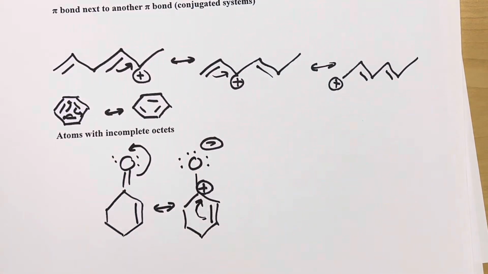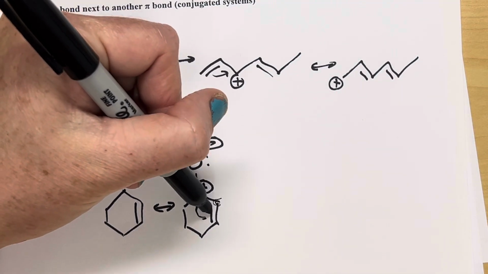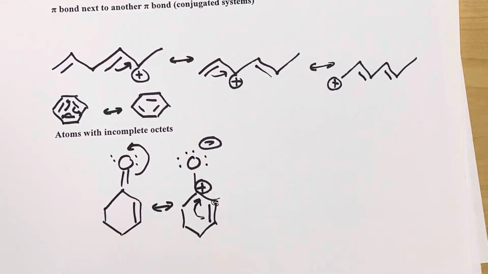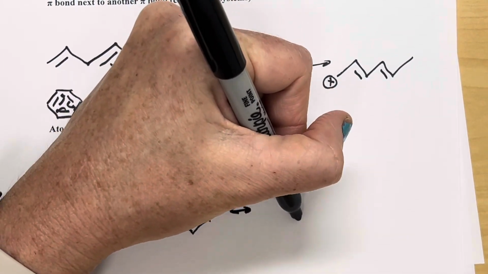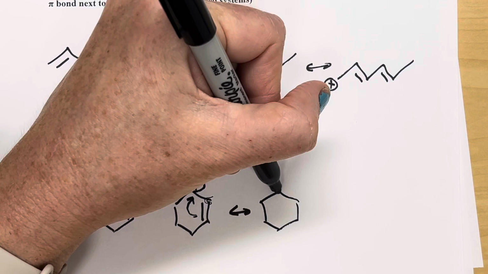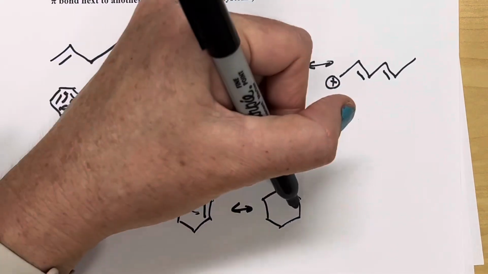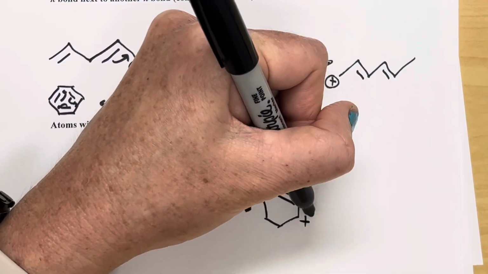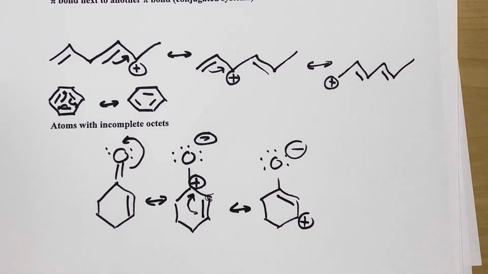You can only move to the adjacent thing. So because this double bond is touching this carbon, you can move the double bond to the other side of that carbon. And then we'd have that. Don't forget, you now have a positive charge down there because you deprived that carbon.